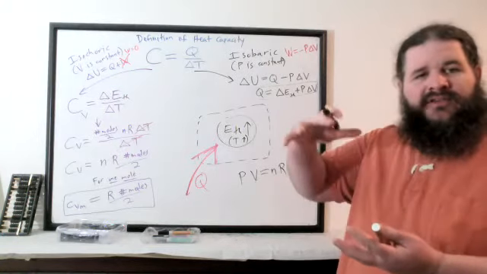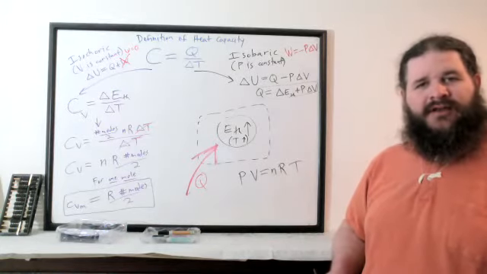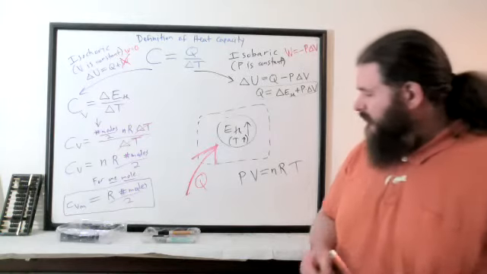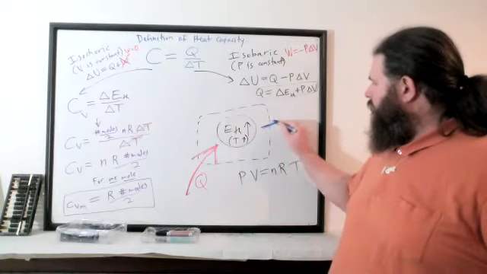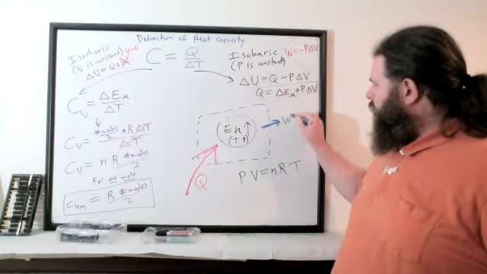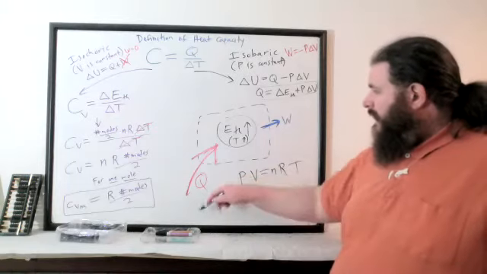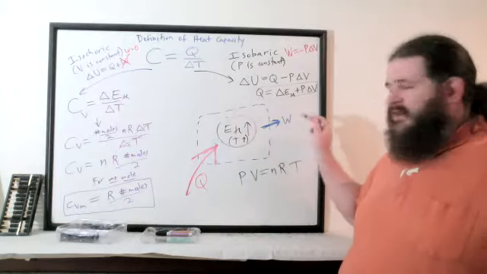But as the volume increases, what's happening with work there? Is work entering or leaving or nothing? Yeah, gas expanding means work is leaving the system. So a constant pressure process is going to look like this. You're adding heat to raise the temperature, but also as the gas expands, work is leaving the system.